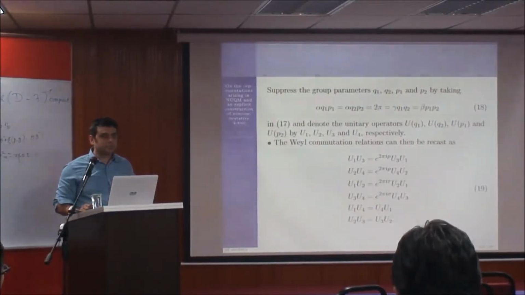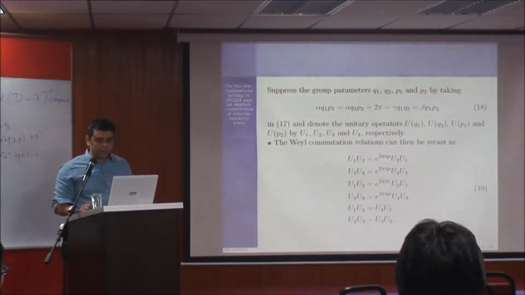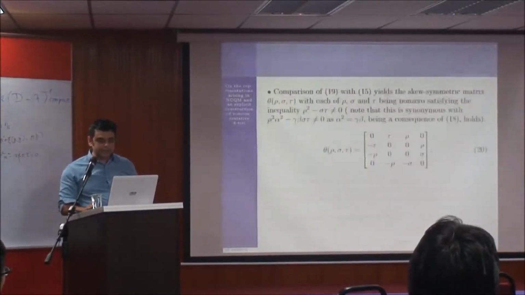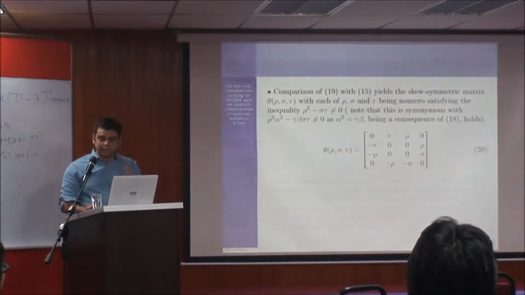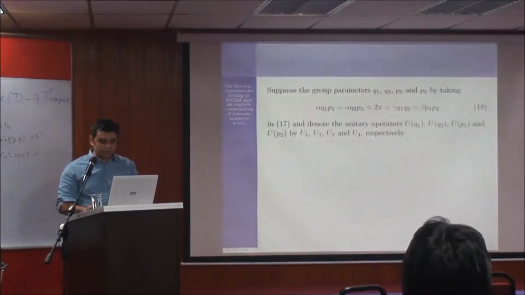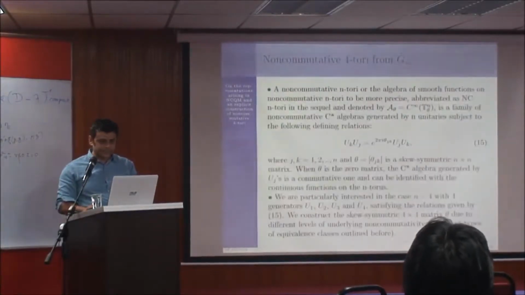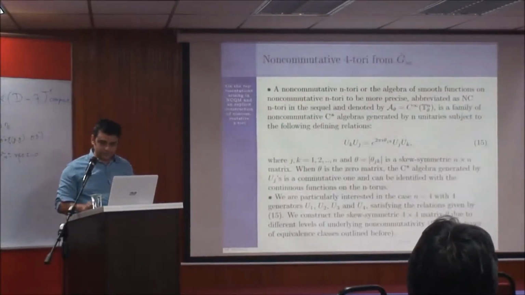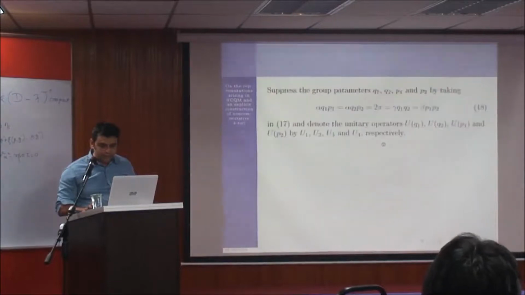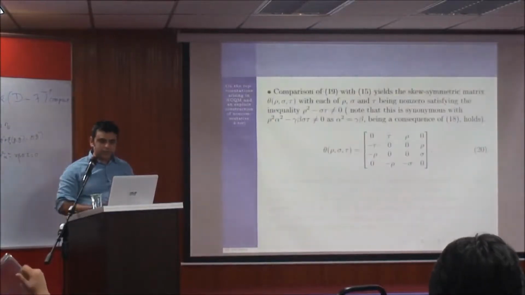You have 4 equations there. Now, following equation 19, you can find this skew-symmetric matrix that I started with, that I gave in the definition of non-commutative tori here. So this theta, this theta. We have an explicit expression of this theta here, correct?